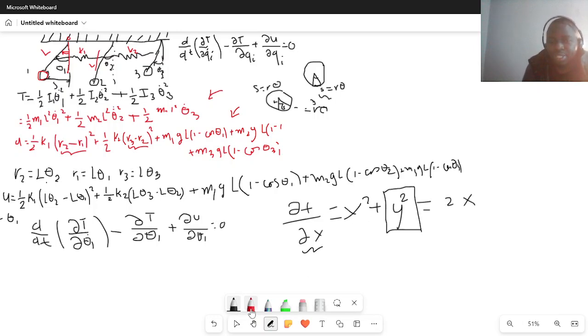Now the most important thing: if you have something where the variable is time, you have to be careful, guys. If your variable is time, let's say your function is x, your answer here is going to be x dot.